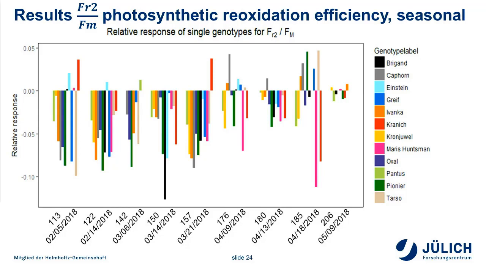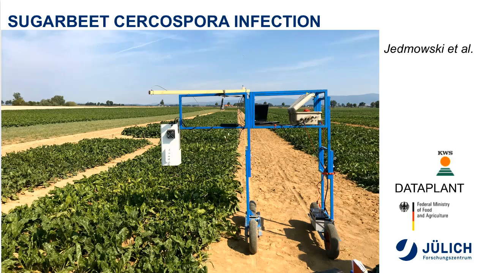So that was the response to CO2, and I promised one more example of data combined with LIFT, and that was in a more biotic interaction where we look at sugar beet Cercospora infection. Here we see a row of sugar beet plots in the south of Germany, and again we brought our LIFT sensor there and measured over these plots.